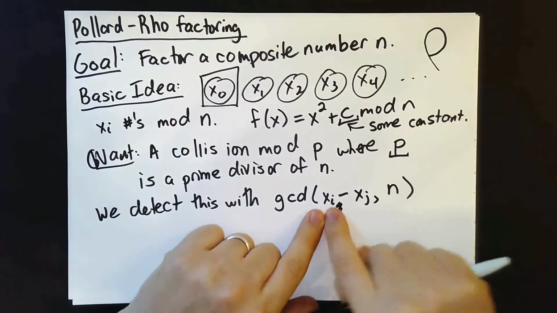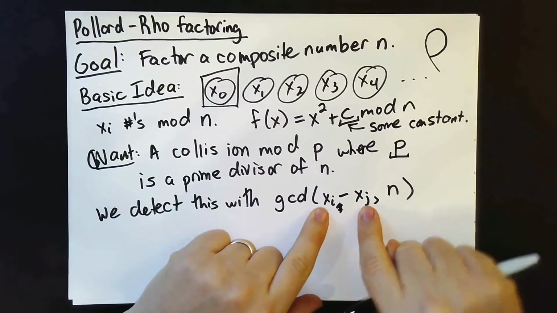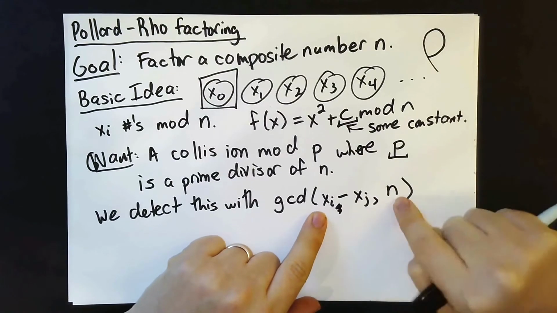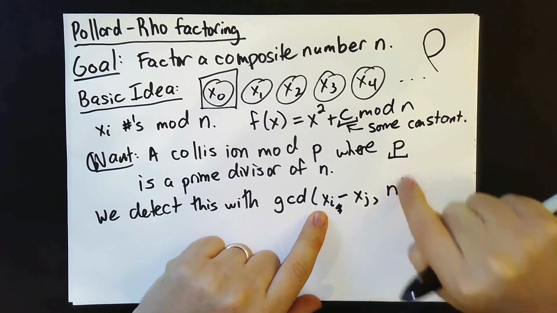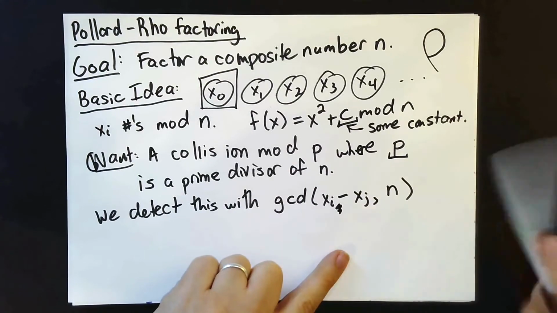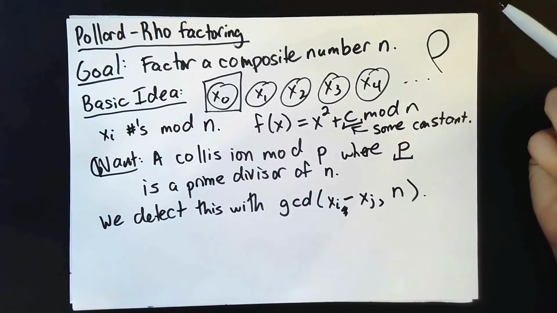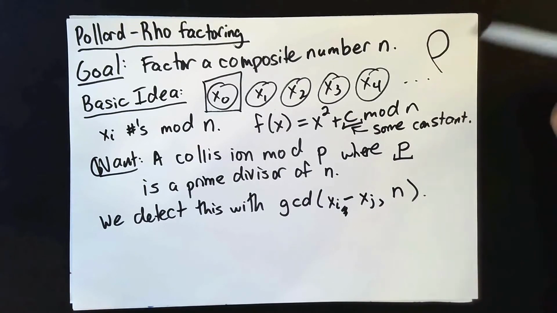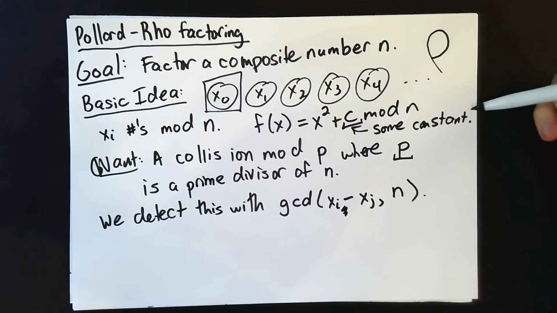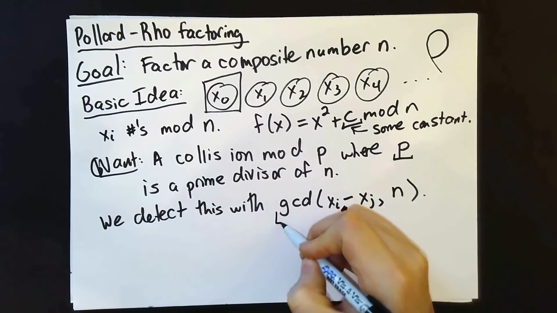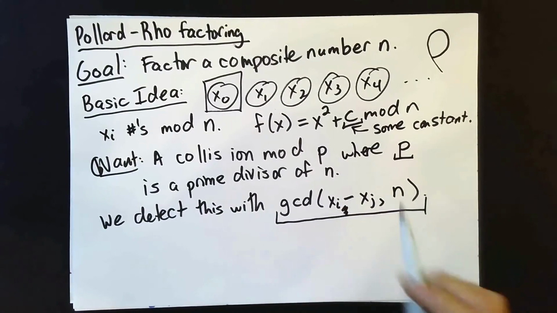If xi and xj agree mod p, xi minus xj is divisible by p, n is also divisible by p, and so this GCD is divisible by p. Our hope here is to use this Pollard rho rapid collision detection algorithm to find a time where xi and xj collide mod p, and then use the fact that we can calculate the GCD of xi minus xj with n to find p.